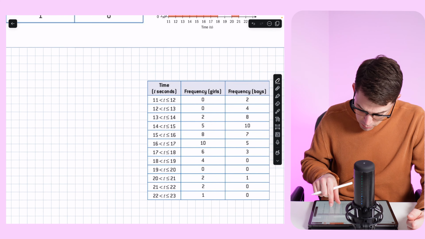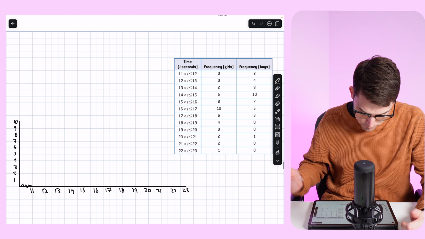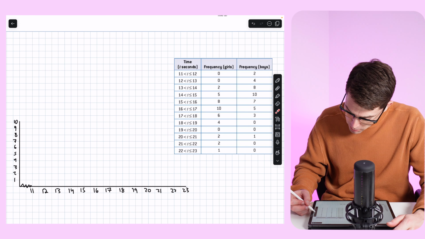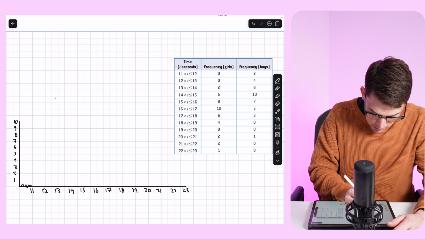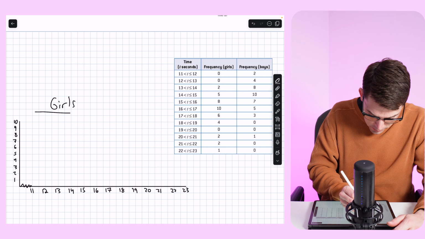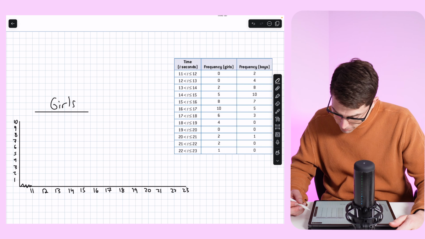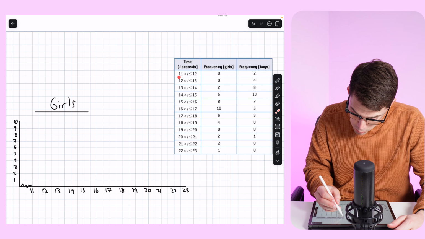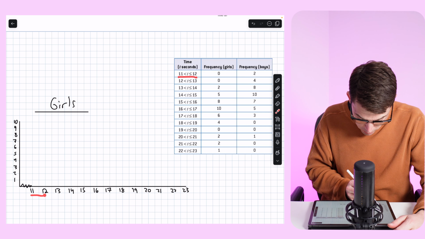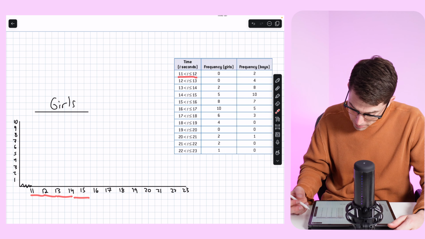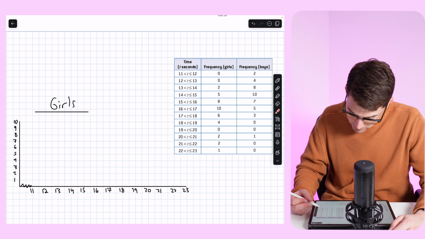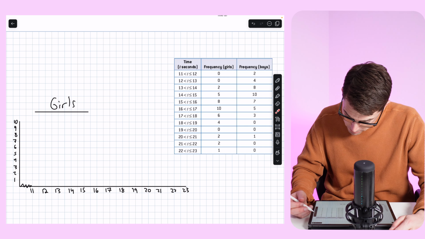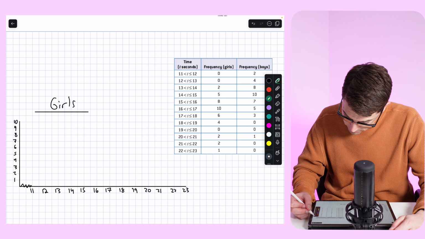So what I want to do is first draw the scale or axes. Let's do the girls first. Between 11 and 12, 12 to 13, 13 to 14, 14 to 15, and so on. I have 0, then 0, so I'm actually not going to start until I have 2 between 13 and 14.